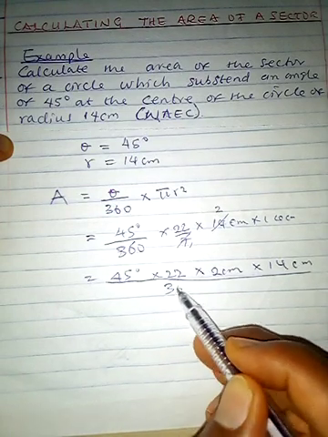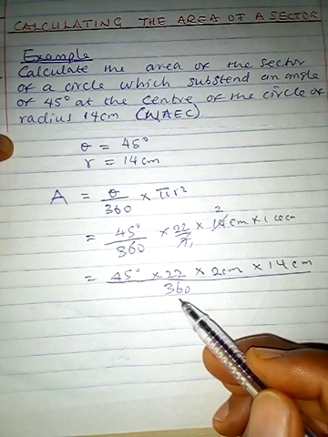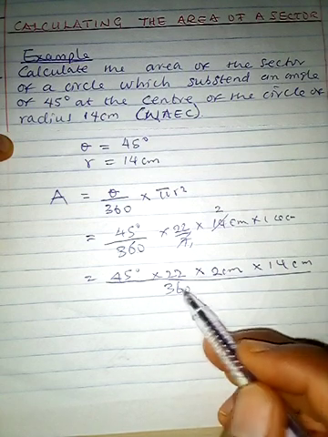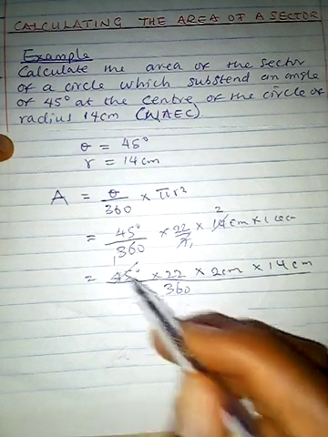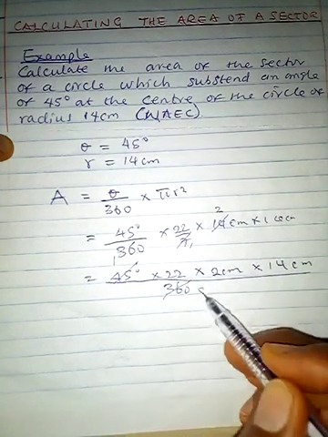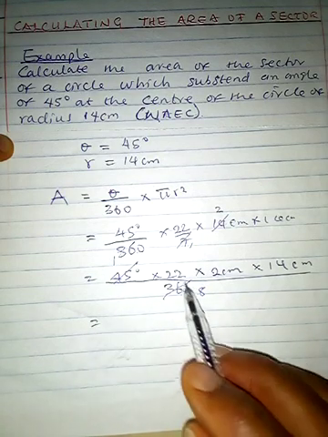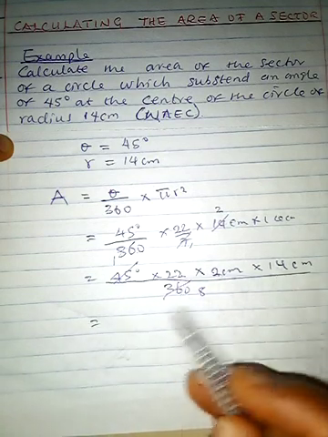We know that 45 can go into 360. 45 into 45 is 1, 45 into 360 gives us 8. So we are now left with 22 times 2 times 14.